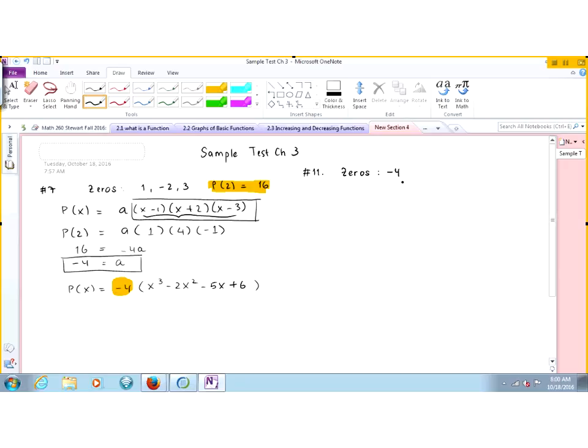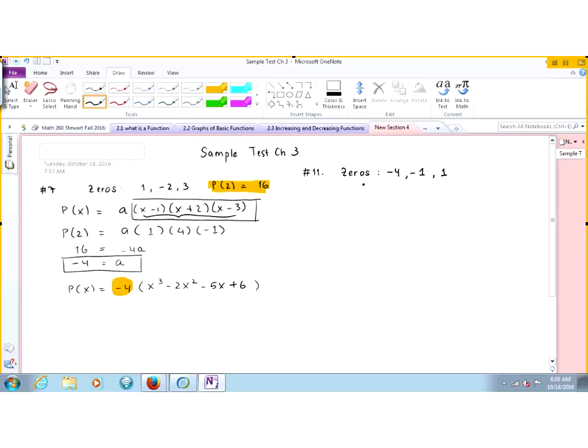Okay. And then what? -1. What is the multiplicity? Odd or even? Odd. And also 1, the multiplicity is odd. Yeah. So then you have all the zeros. Then what would you do?